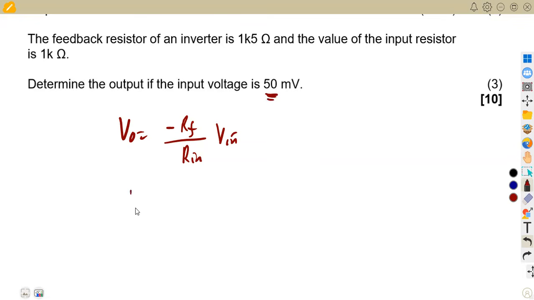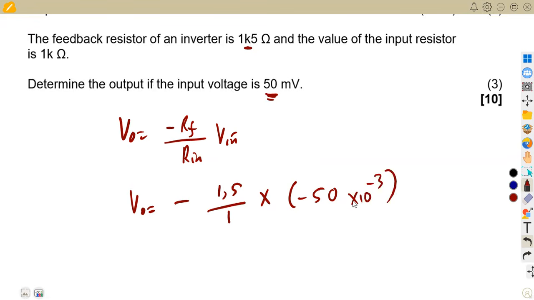All right, so you're going to have our V out as minus RF. We have RF, the feedback resistor, 1.5 kilo ohms. So it's 1.5 over R in, also in kilo ohms, so that's 1, times the input, which is negative 50 millivolts, which is negative 50 times 10 to the exponent of negative 3.